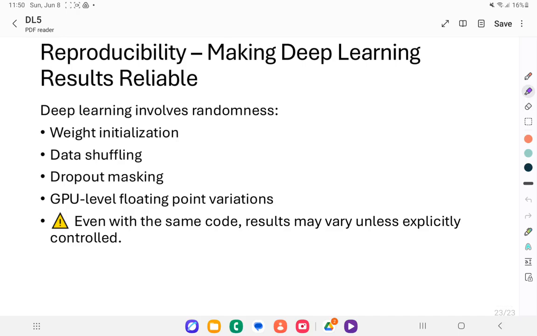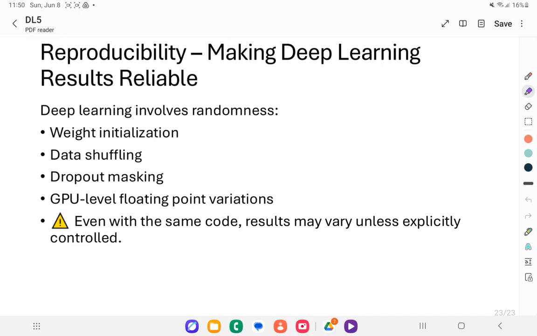So at the end, think of the reproducibility problem. It's critical, especially in hyperparameter tuning, because deep learning relies on randomness in many places, right? Think of the weight initialization, the data shuffling, the dropout. Two identical training runs can still produce very different results unless randomness is controlled.